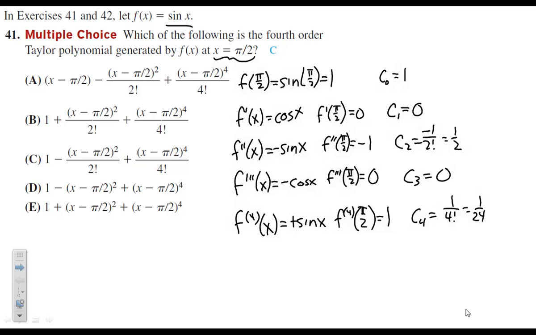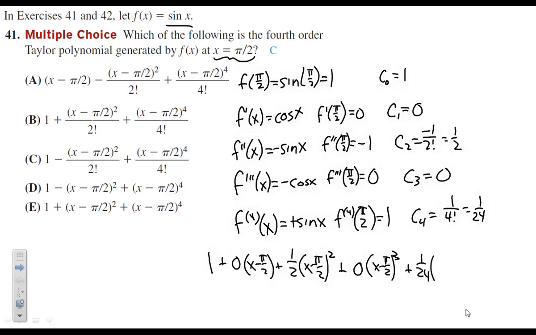So I say that our Taylor polynomial is going to be 1 plus 0 times (x minus pi over 2), plus 1/2 times (x minus pi over 2) squared, plus 0 times (x minus pi over 2) cubed, plus 1/24 times (x minus pi over 2) to the 4th.